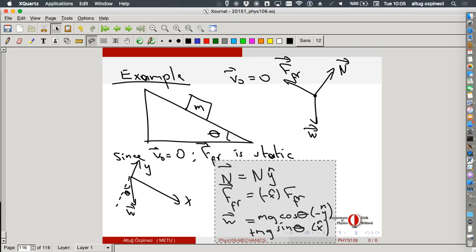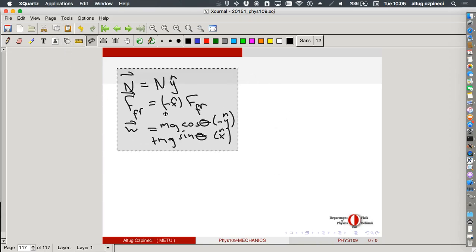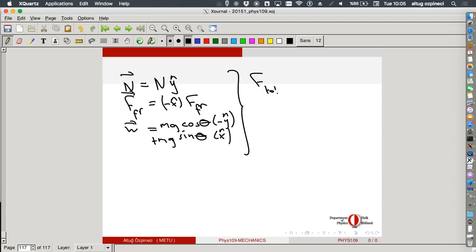Let's first calculate the total force. These are the forces we have. So this tells me that the total force acting on my object is just the vectorial sum of them. So in the x direction, the forces I have are mg sine theta, and then I have the friction force in the minus x direction.